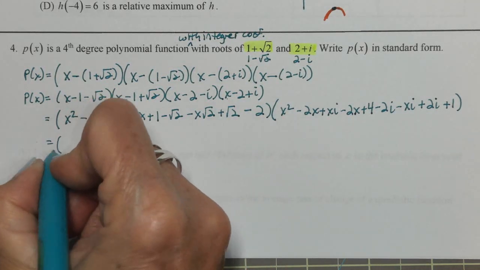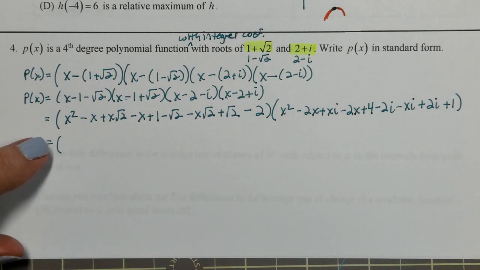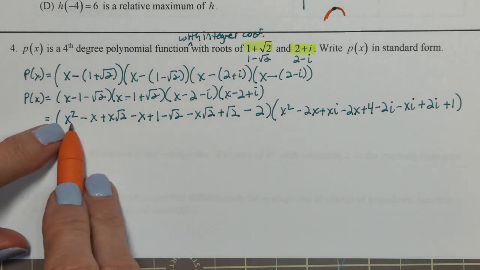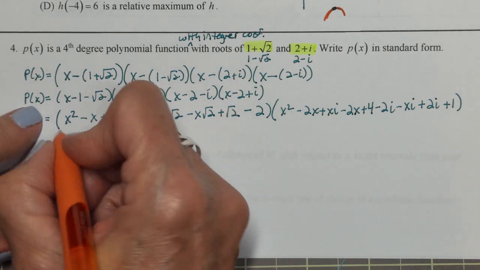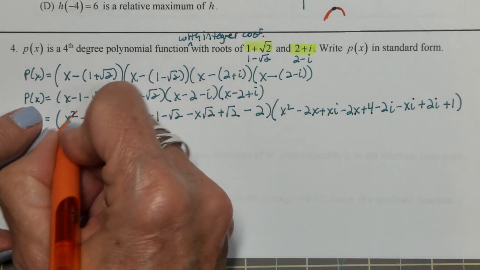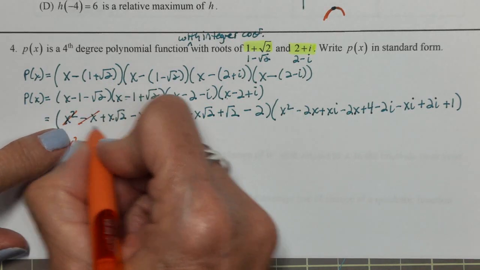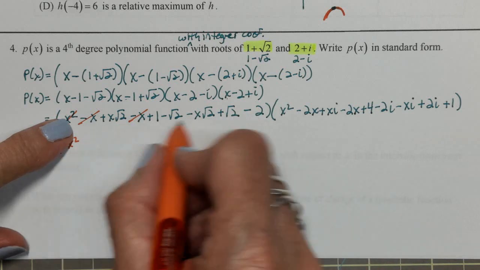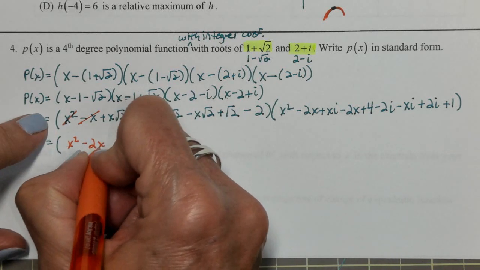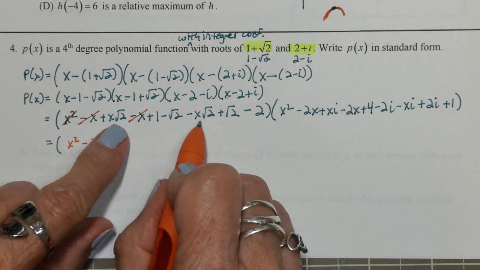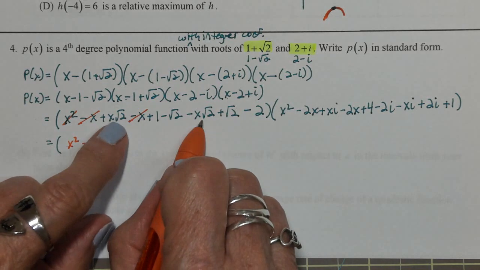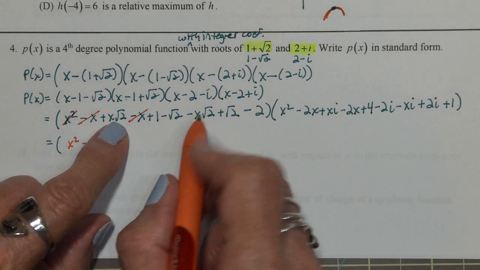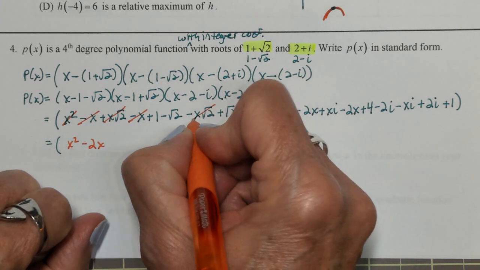Okay, let's clean up. All right, I might get a different color for this part. I only have one x squared in here, so x squared. I have a negative x and another negative x, so negative 2x. Any other plain x's? No. So negative 2x. Here's a positive x square root 2 and a negative x square root 2, so those cancel each other out.